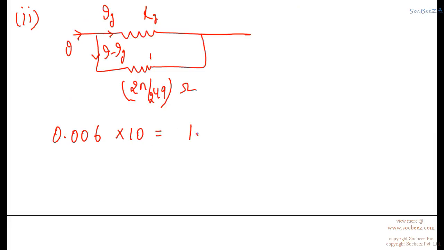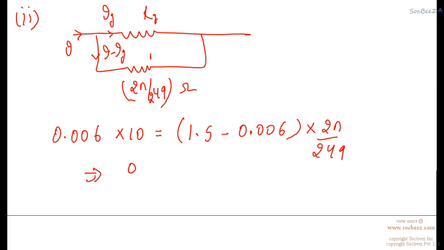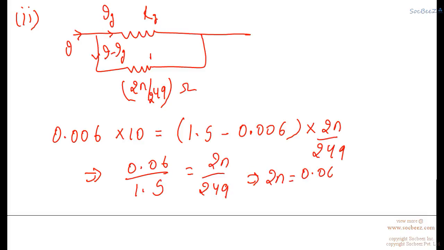Solving further, we will get 0.006 into 10 equals (1.5 minus 0.006) into 2n upon 249, which gives us 0.06 upon 1.5 equals 2n upon 249.